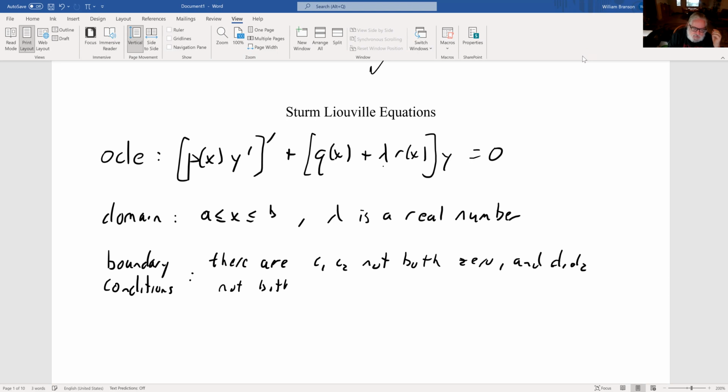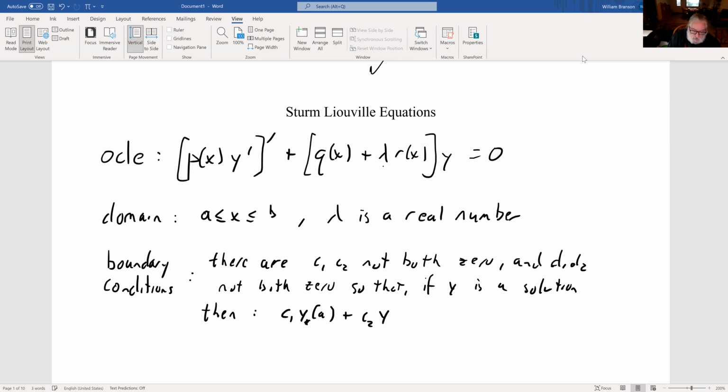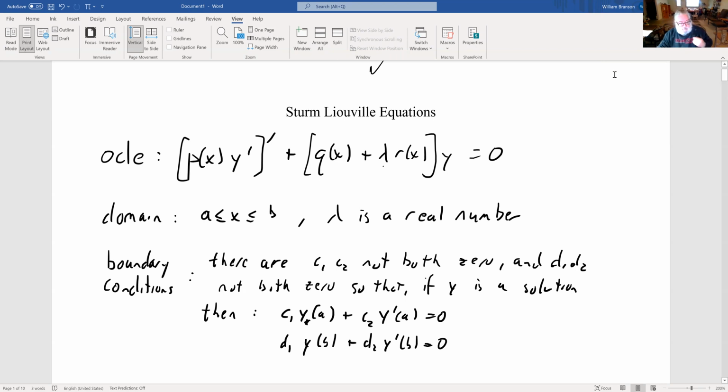We have two numbers, C1 and C2, that are not both 0, and two numbers, D1 and D2, that are not both 0, so that if y is a solution to the ordinary differential equation, then we have C1 y(a) plus C2 y'(a) equals 0, and D1 y(b) plus D2 y'(b) equals 0.